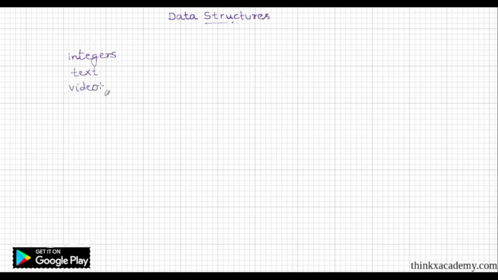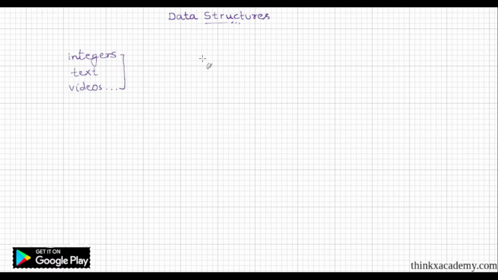So our computer works on different types of data, and the main reason why we're introducing data structures is because we want to organize this data so that our computer, or the user using the computer, can access this data in an efficient manner.